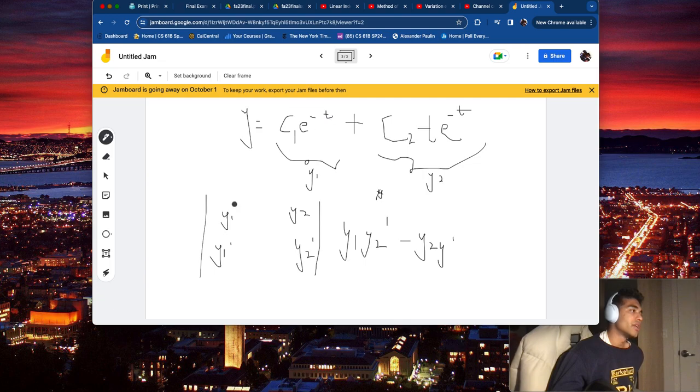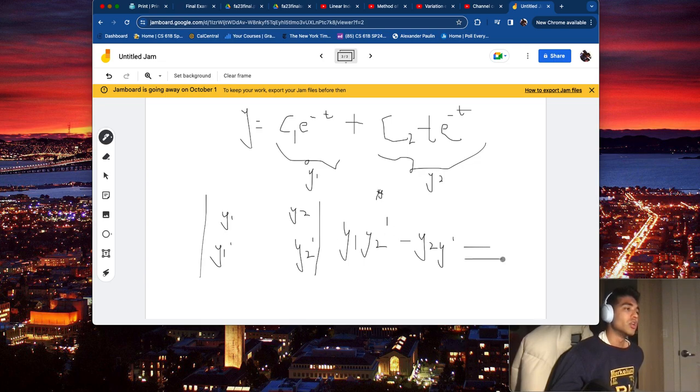So e raised to minus t, the differentiation of that is minus e raised to the minus t. Then t e raised to minus t, you have to differentiate that, use the product rule. It would be something like e raised to minus t minus t e raised to the minus t. So obviously that is different compared to this differentiation, right?